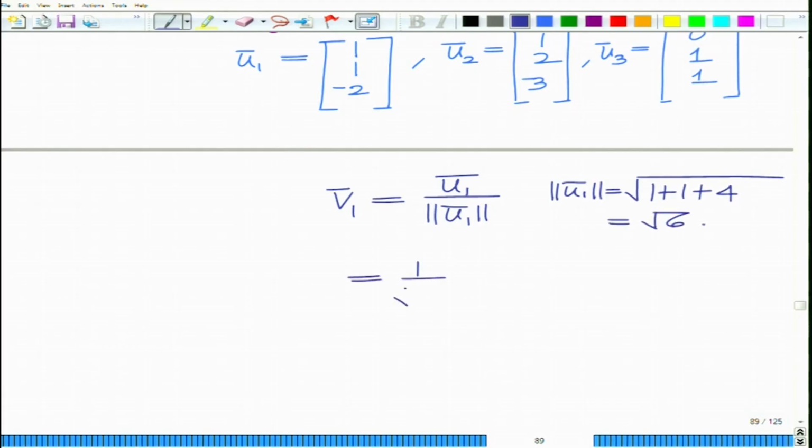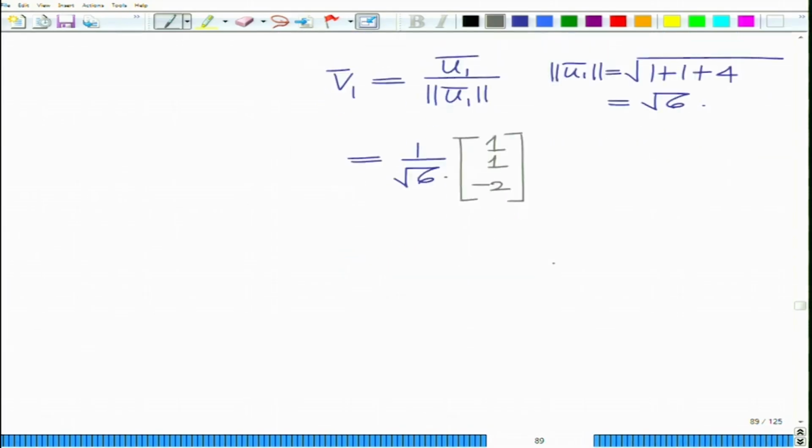So, this V1 bar equals 1 over square root of 6 times the vector 1 1 minus 2. So, this is your unit norm vector. This is the first step.